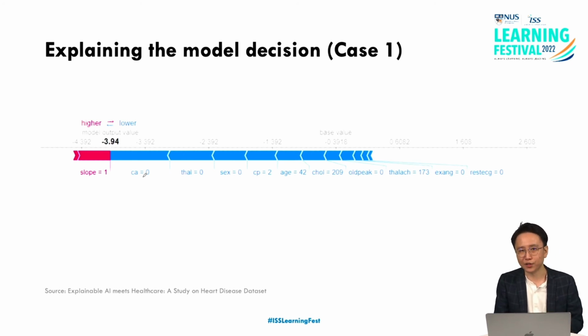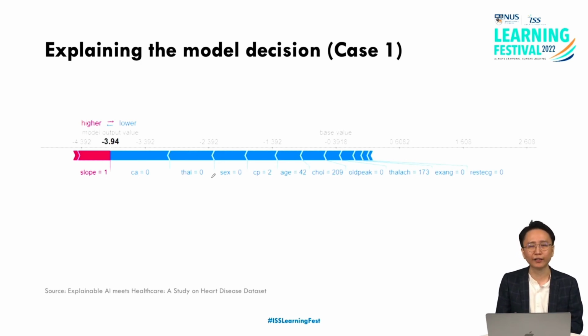The value is 0, which means there is no blockage in any of the 3 blood vessels, followed by the thallium test results, which can be seen by the feature THAL, where 0 stands for normal.